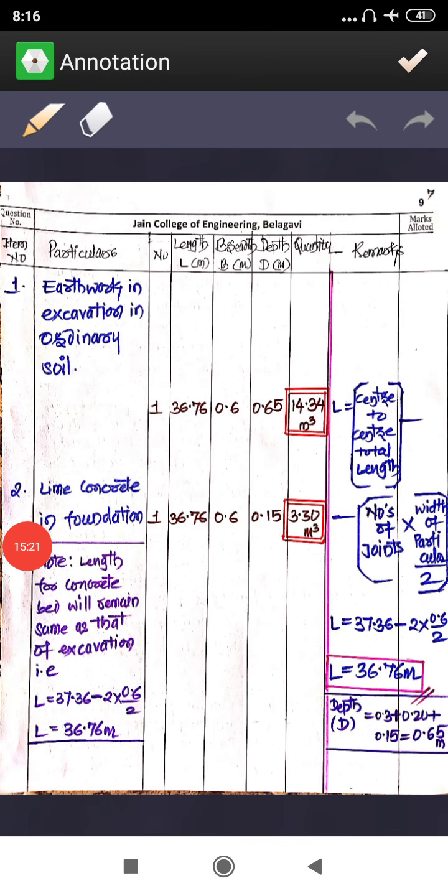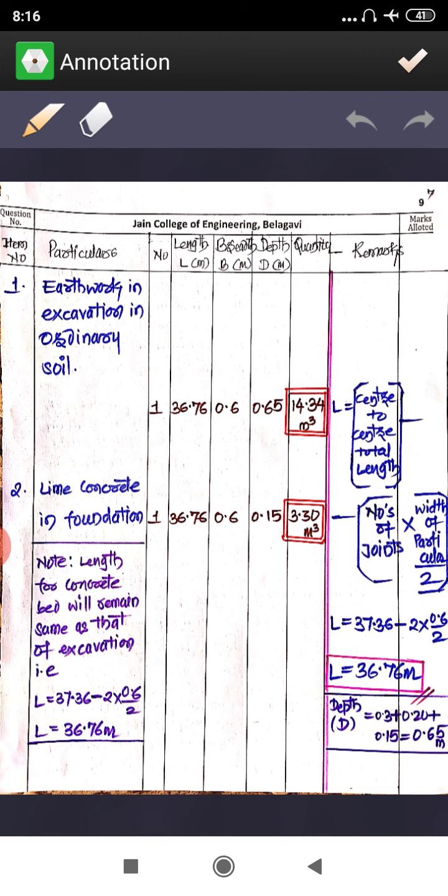Now for the second item, lime concrete in foundation, first of all see that center line remains same because width is same 0.6, so center line is not going to change. That length is equal to 37.36 minus two numbers of junctions into 0.6 by 2, so that length is not going to change. Center line is 37.36 and the width is 0.6, so you are not going to get the change in length.